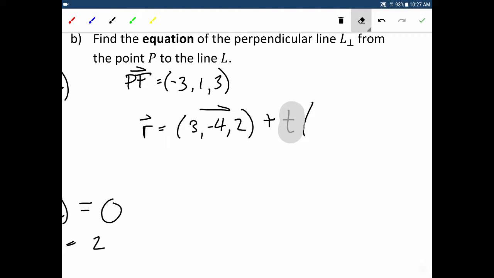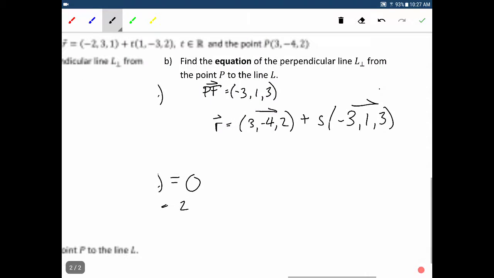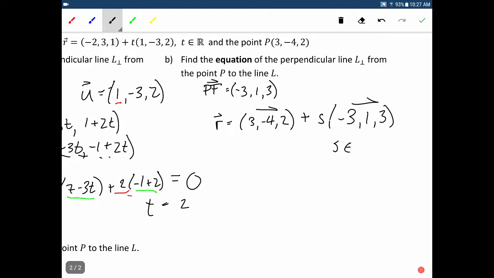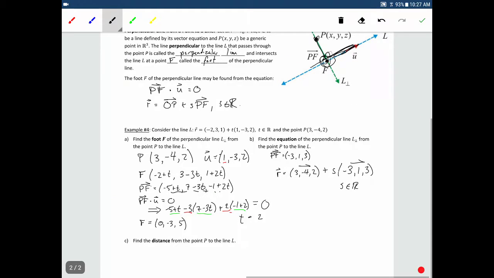Actually, I should use s because I already used t. It doesn't really matter. Then we've got -3, 1, 3 as our direction vector, where s is an element of the real numbers. So there you go.